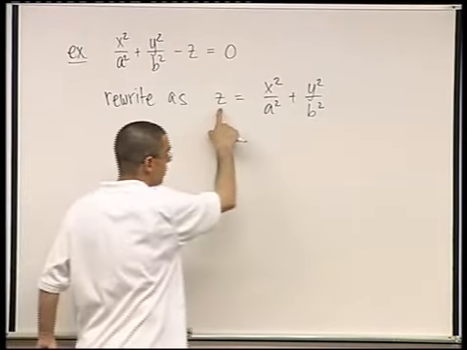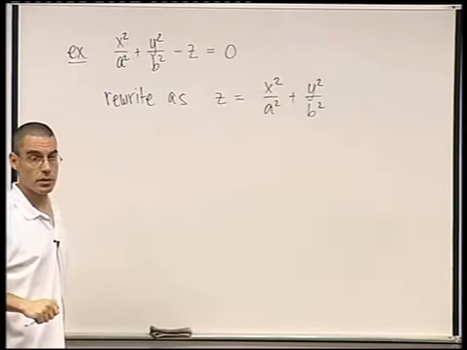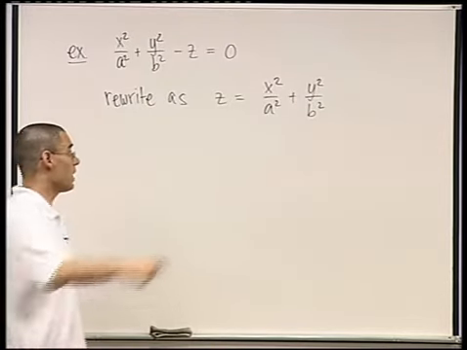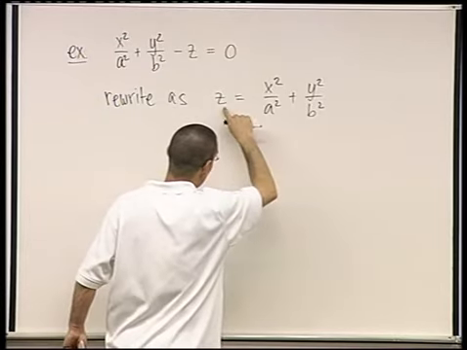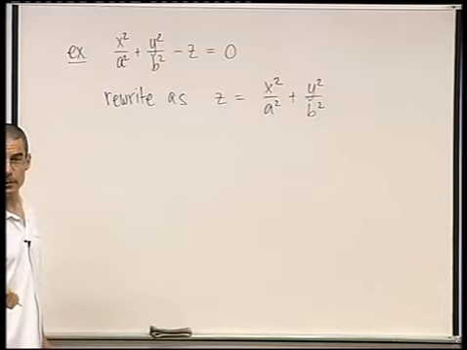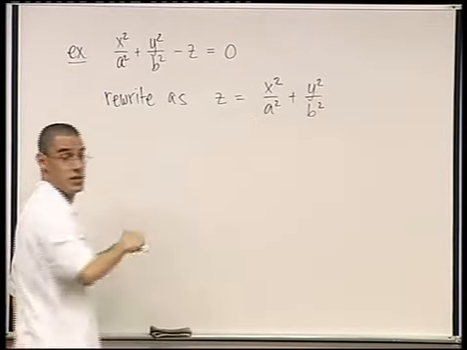Suppose z is 0. What can x and y be in order to solve this? Both have to be 0. Do you agree? Okay. So when I plug in z equals 0 here, I discover that the point 0, 0, 0 satisfies this. Does everybody see that? Okay. And that's the only point that satisfies this when z is 0.